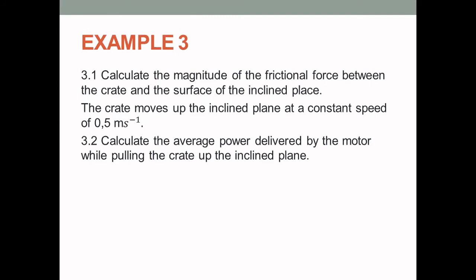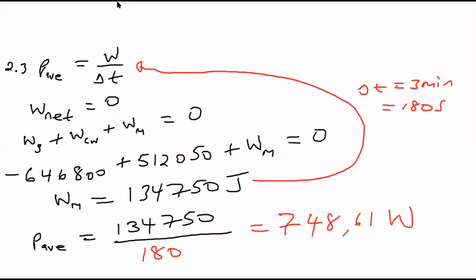The crate moves up the inclined plane at a constant speed of 0.5 meters per second. 3.2, we need to calculate the average power delivered by the motor while pulling the crate up the inclined plane. Okay, let's do it together. This is example number 3.